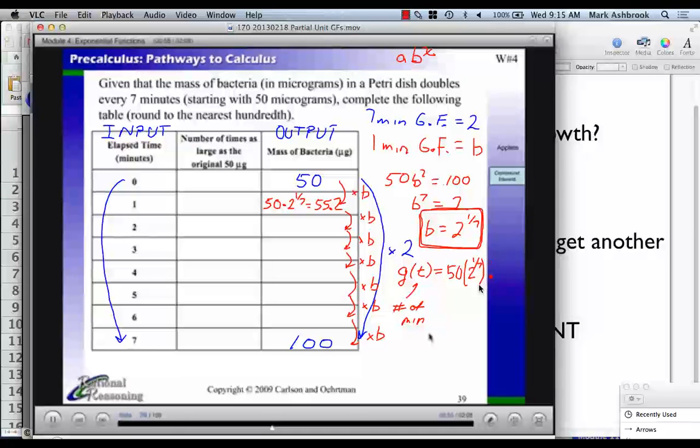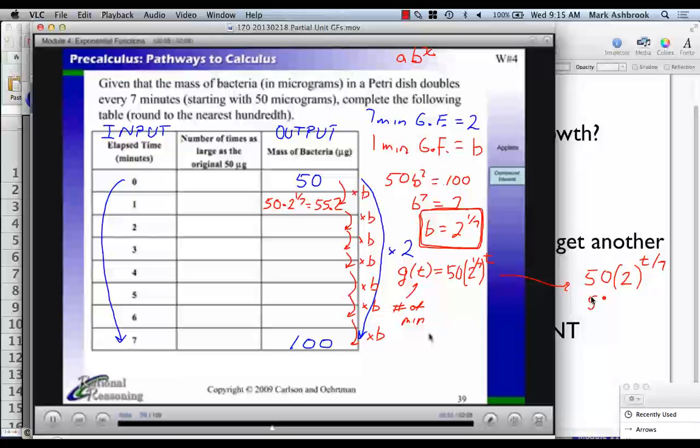Raised to what power? What's our input? Yeah, t. You still see the t? All right, so that's a t there. So yeah, 50 times 2 to the 1/7 to the t. And that can be written as 50 times 2 to the t over 7.